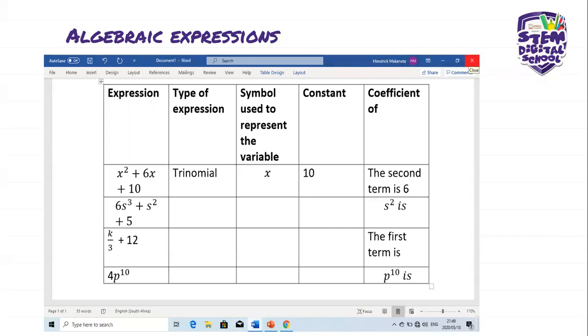And what is the coefficient of P to the power of 10? The last one. What is the coefficient? The last one.